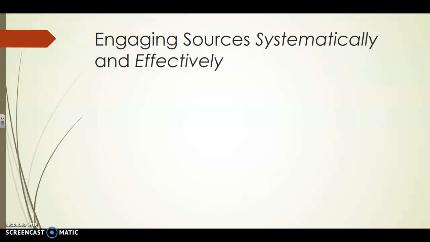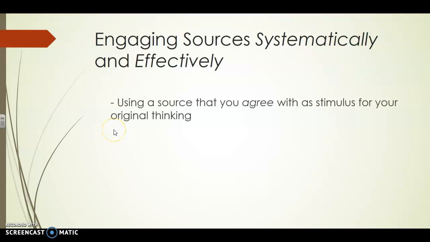Do you agree with it? Do you disagree with it? Do you like it? Do you dislike it? You will come across sources that you agree with, and you can use that as a stimulus for your original thinking. Okay, I like the argument of this book. I like the main conclusions, and I find the findings of the book convincing.